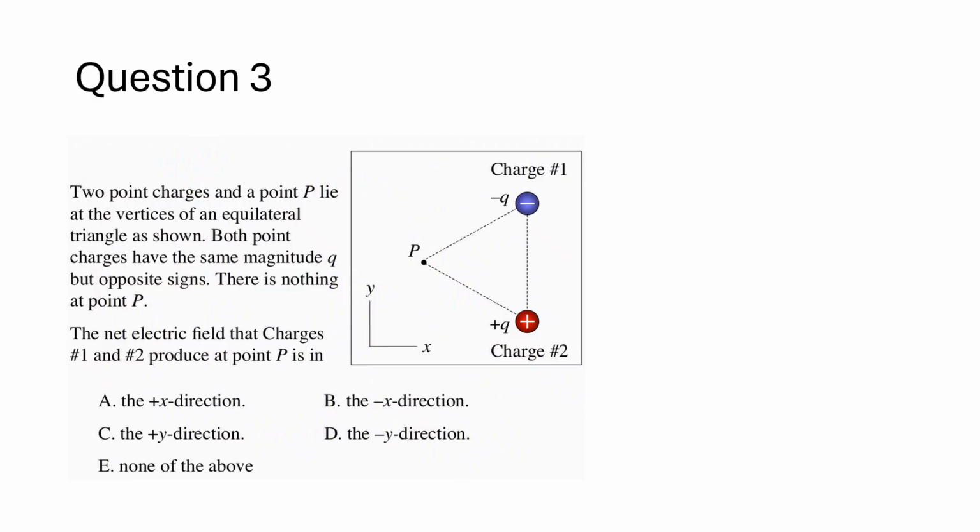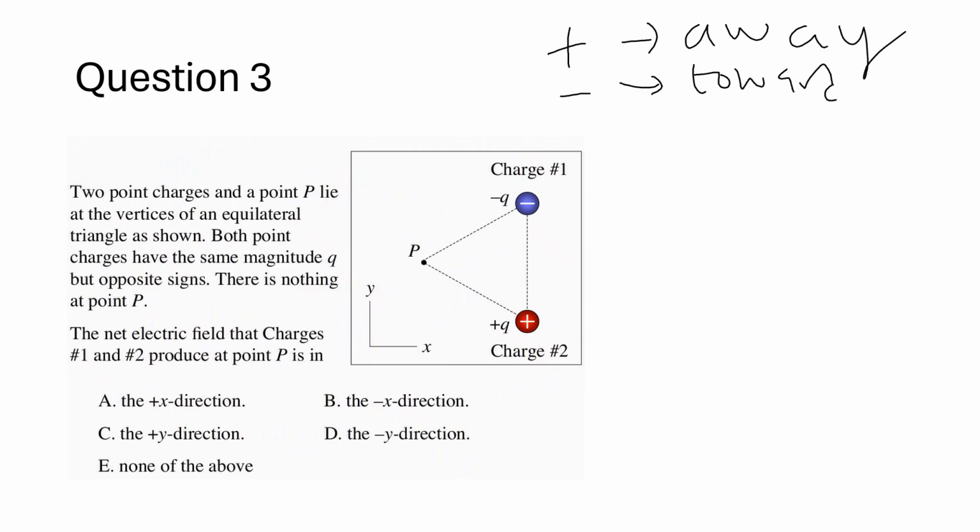So now we know that for a positive charge, electric field lines are away, and for a negative charge, it's toward it. So it will be toward the negative charge, and away from the positive charge. So when we actually construct a triangle, we have vectors now.